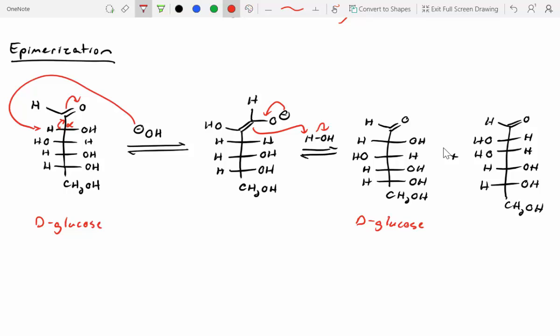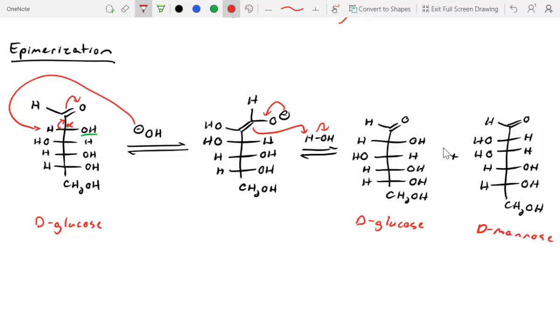Was that what you were going to say too, or did you spot something else? So in the second one, you see this alcohol right here? I just have it flipped over to the other side. Oh, thank you. You're totally right. There we go. Sorry. All fixed. All right, so we've got D-glucose and we've got D-mannose.